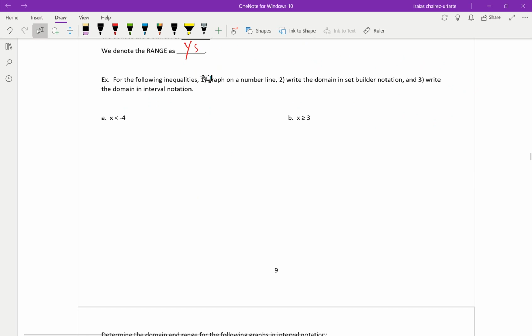And we've got to do three things. We've got to graph the set on a number line, write the set using set-builder notation, and write the set using interval notation. Okay, so I'll help you with the first one. First, we've got to graph this on a number line.